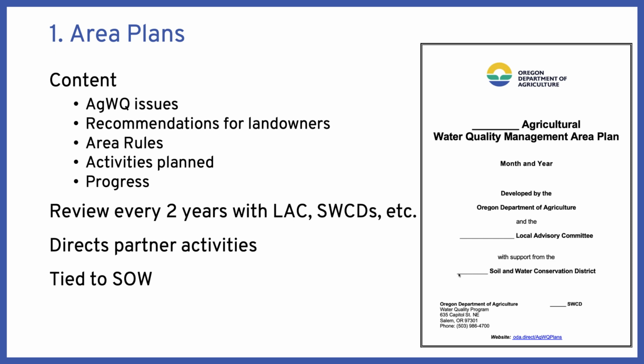Those are reviewed every 2 years, like I mentioned before. The soil and water conservation districts help us set up that review process. And the area plans, when we're talking about activities planned, et cetera, include a discussion of recommendations for making changes to the program in that management area.